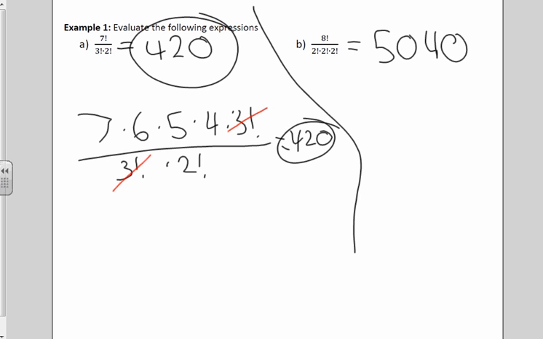That's 4 times 3 factorial over 3 factorial. You can cancel it out, and it equals 4, right? So just confirmation that that works. Are there any questions so far?